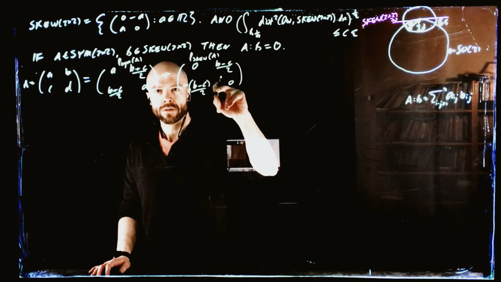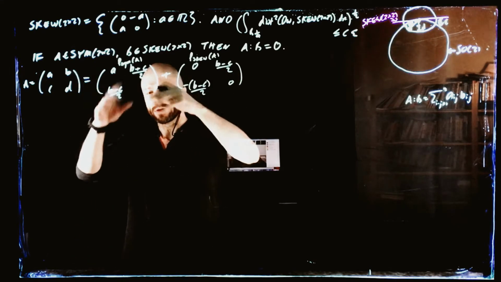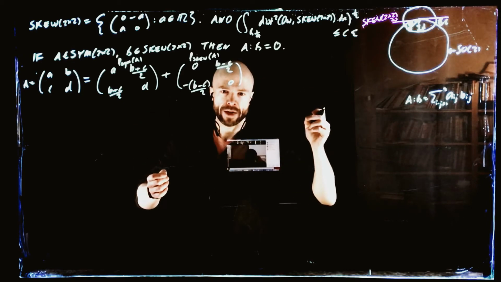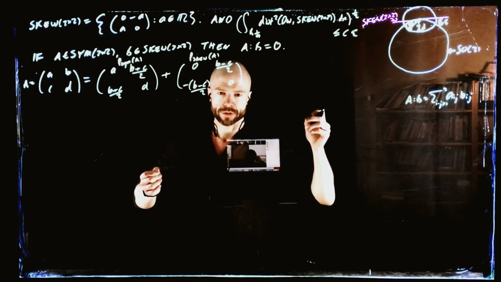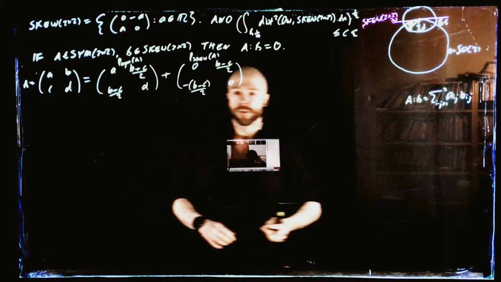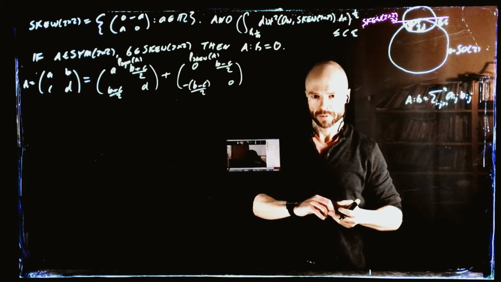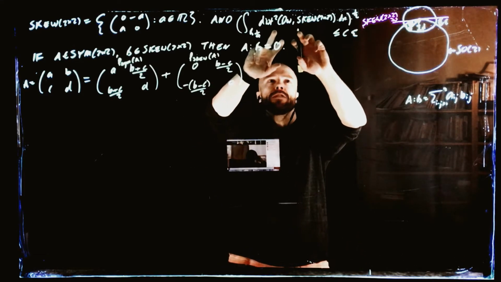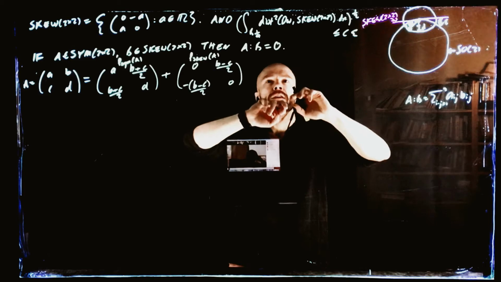This makes sense, because symmetric matrices are a 3-dimensional thing, and skew-symmetric matrices are a 1-dimensional line. So we have this orthogonal projection, and we'll need this shortly. Everybody with me? Cool. All right. So we reduced the problem down to this thing right here.